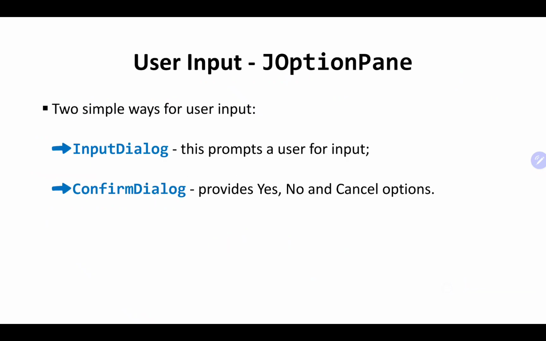Okay, the first thing that we're going to learn inside Java Swing is JOptionPane. So what is JOptionPane? It is a class, just like when we have the class Scanner. JOptionPane is the class that allows for user input.